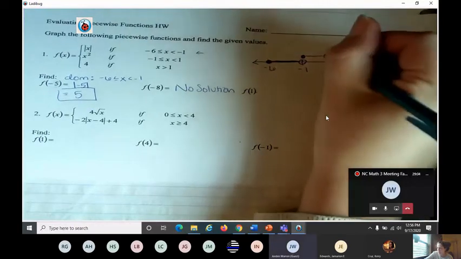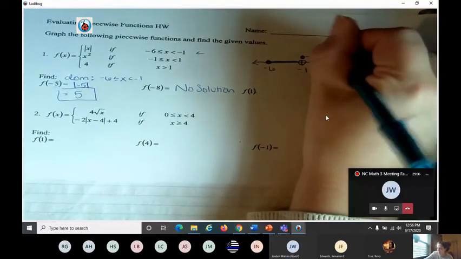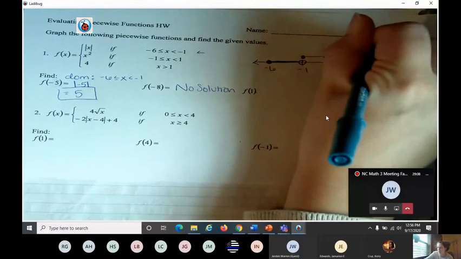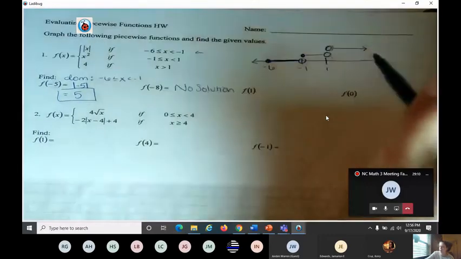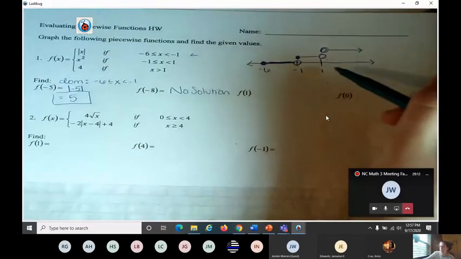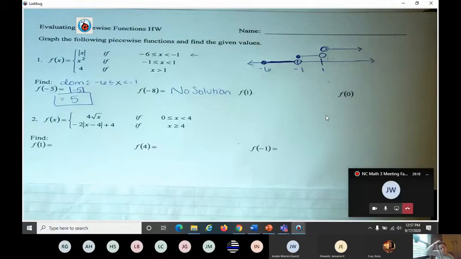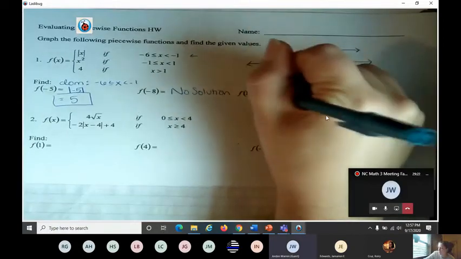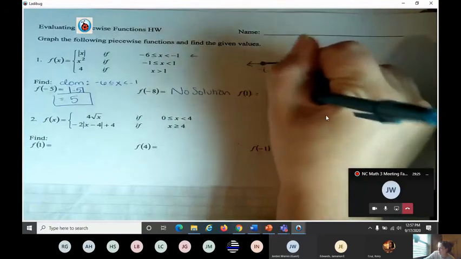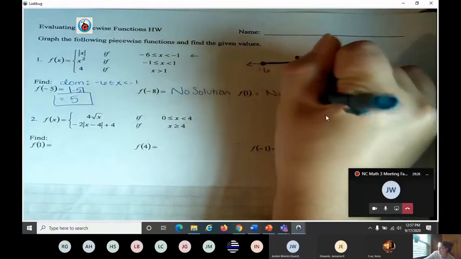And then the next one is open, and it's all numbers bigger than 1. Do you guys see how 1 is not included in our function at all? There's only open circles. Okay. Good. So that was kind of a trick question, so no worries. So we should have no solution here as well.